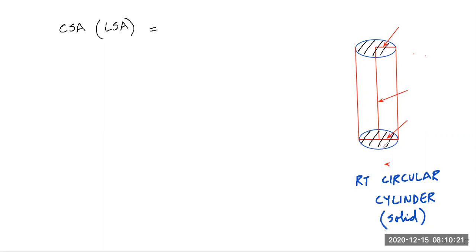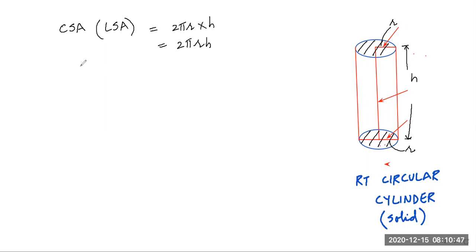Like I told you, the same formula you can apply: perimeter of the base into height. Perimeter of the base is 2 pi r, and this is the height h of the right circular cylinder, and this is the radius of the base. Same radius is there on the top also. So 2 pi r is the perimeter of the base into height h. So lateral surface area would be 2 pi r h.